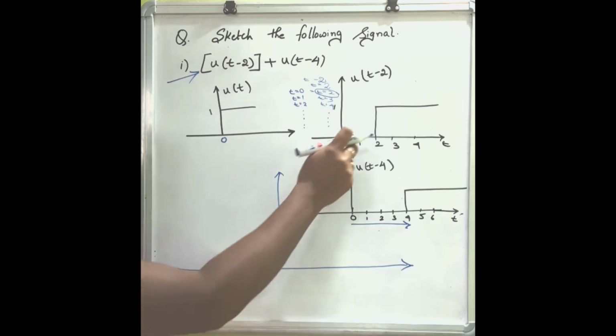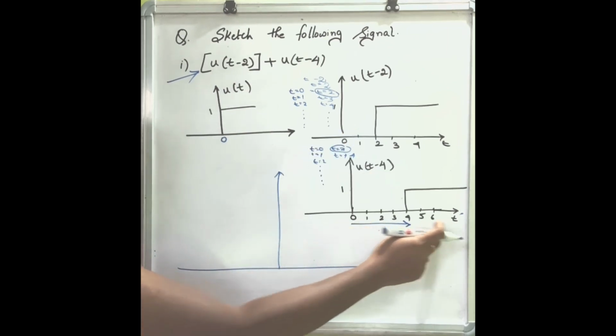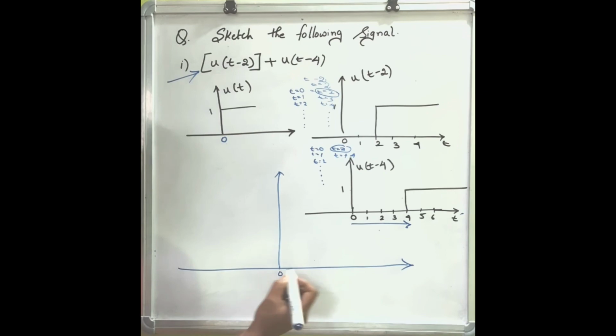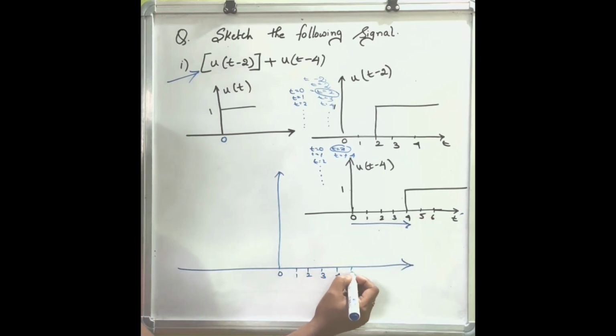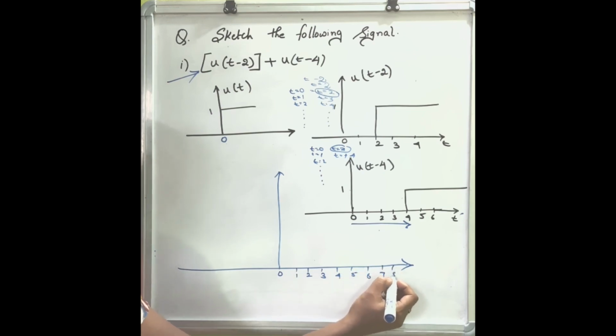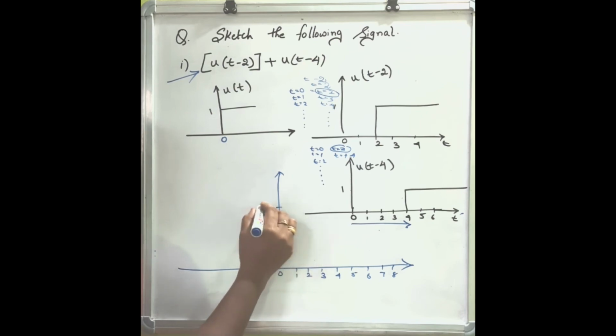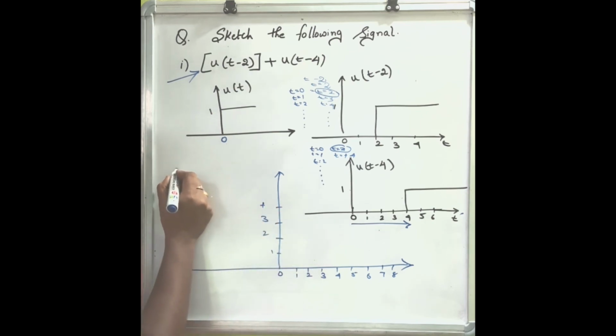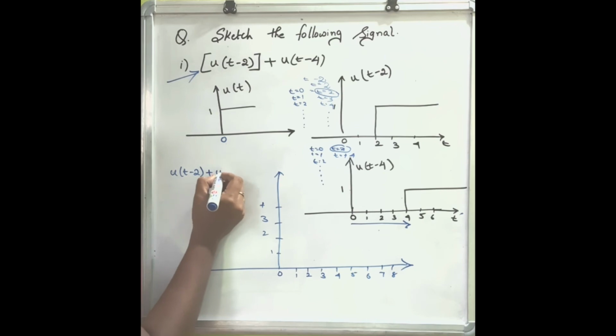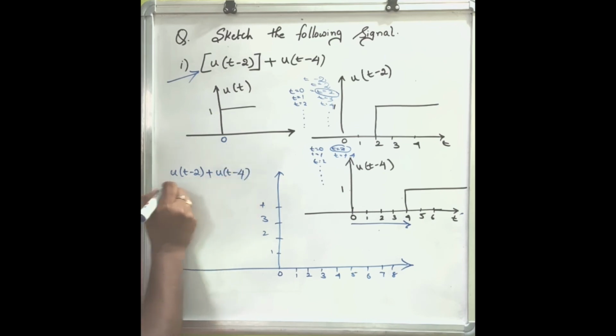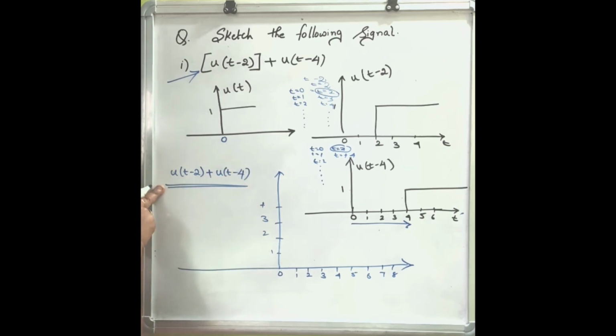As I said, while adding the two, take the larger number of instances. Here 6 is the largest, and this goes on. This is the signal for u of t minus 2 plus u of t minus 4.